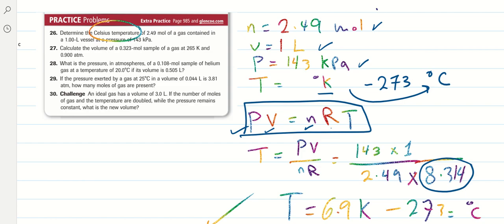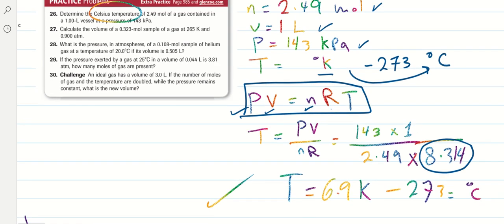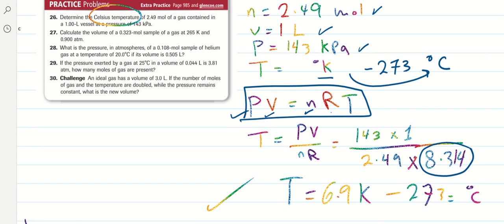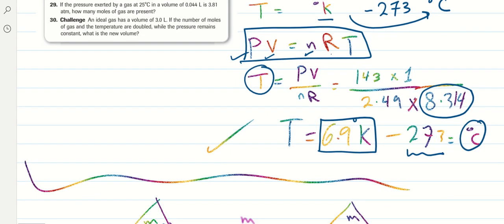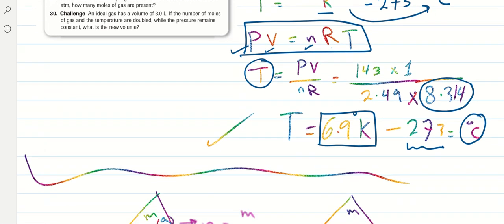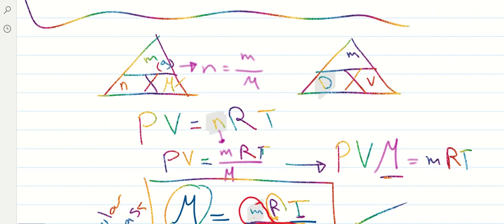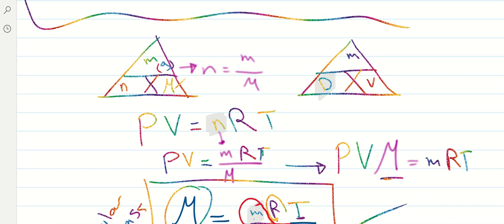So simply you rearrange and get the temperature. It will be 6.9 Kelvin. After calculating 6.9 Kelvin, you have to subtract 273 to calculate it in Celsius and see how much the answer will be. Okay. So that is the ideal gas law.